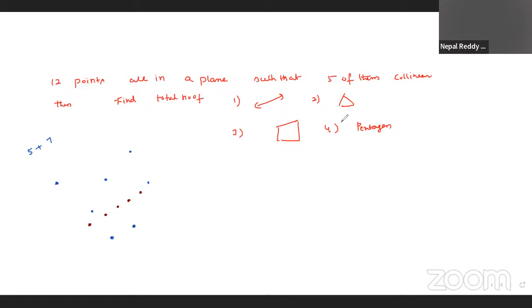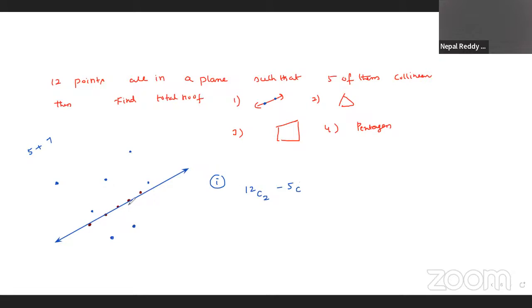Now we need to find straight lines. We know that passing through any 2 points, generally we get a straight line. But here, there are total 12 points. If you choose any 2, then you will get a straight line. But observe here, there are totally 5 points which are collinear.